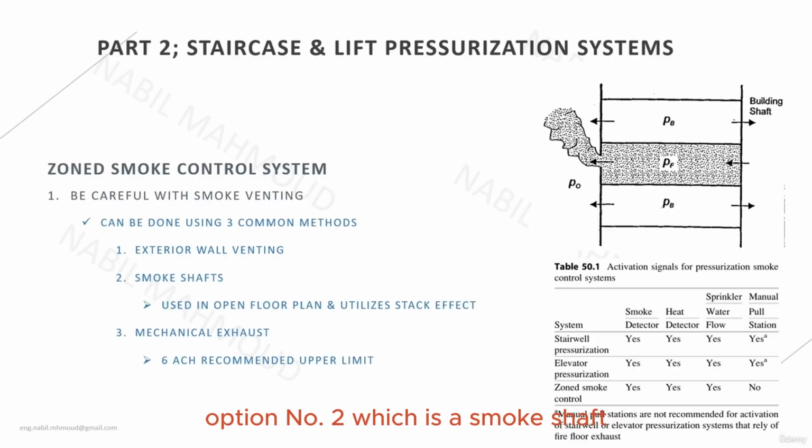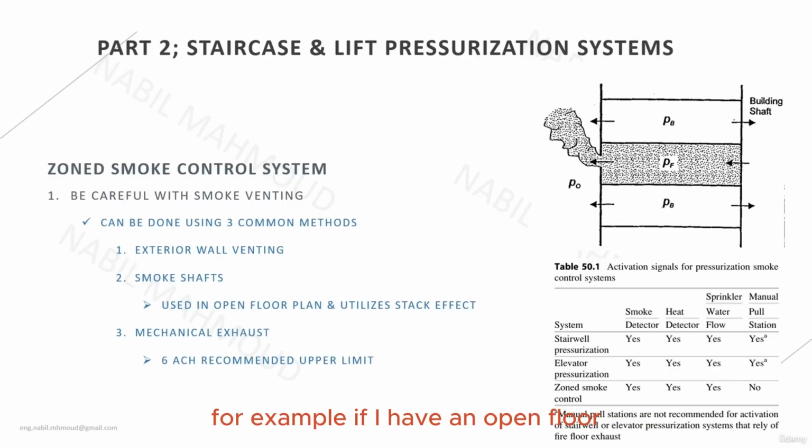Option number 2 is the smoke shaft. The smoke shaft is simply the same as option number 1, but instead of discharging outside the building, you will discharge into a smoke shaft. This smoke shaft utilizes the stack effect, and it's usually applied on a large open floor area.